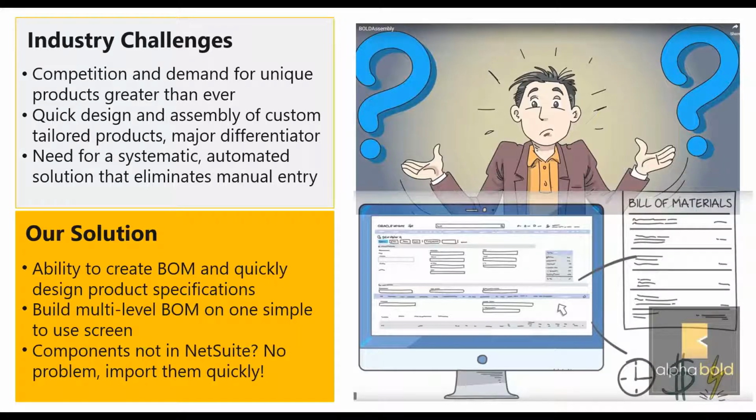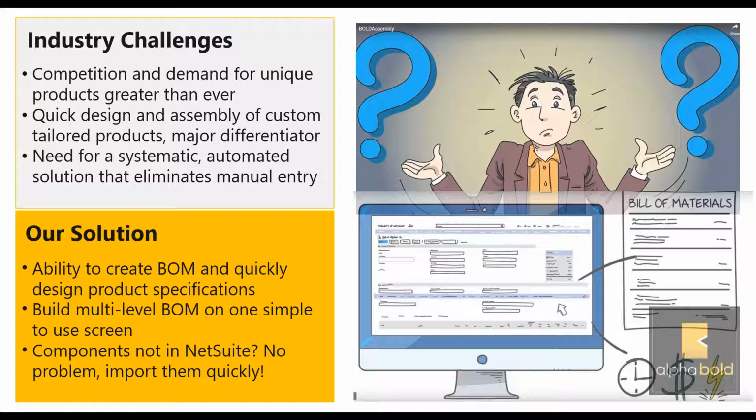All right, so relative to industry challenges, what we've noticed after speaking to many of our customers and clients, we've talked to them about their manufacturing challenges, and everybody is talking about competition and demand for unique products.